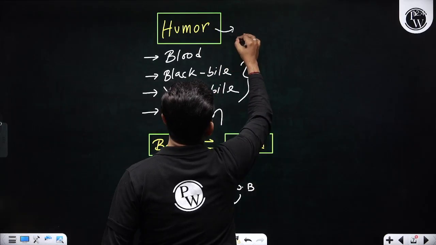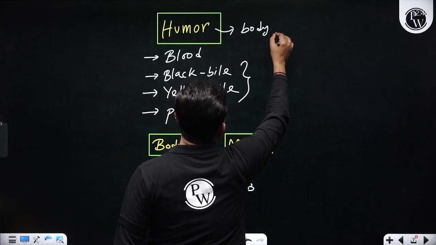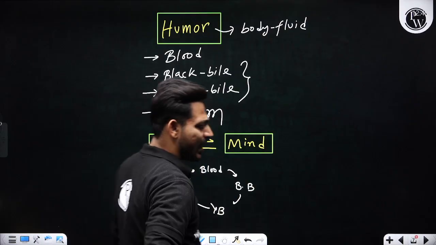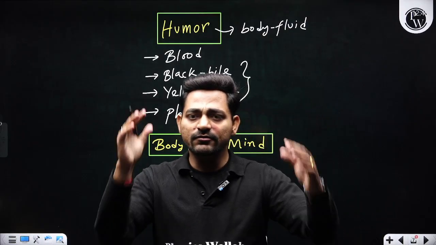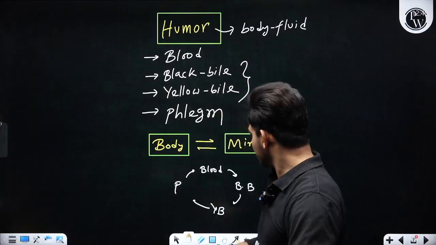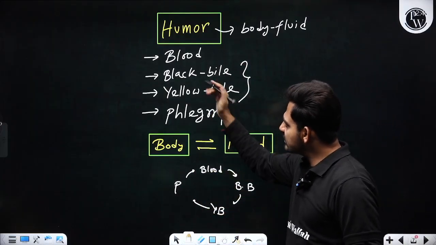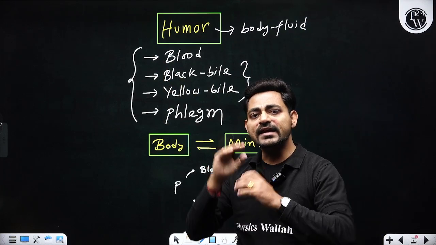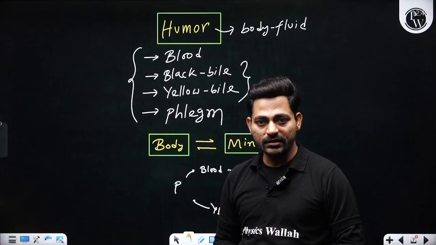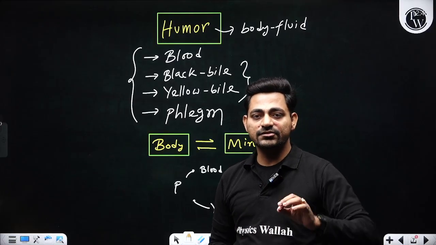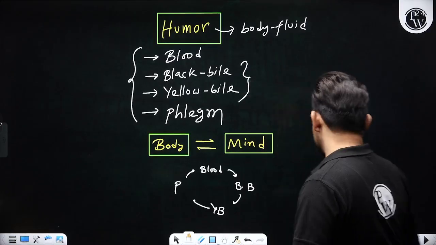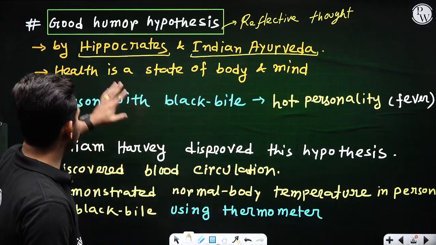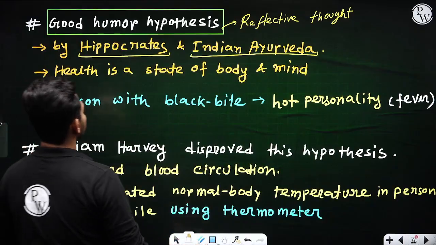Humor means body fluid. If these 4 body fluids are in a balanced mode in your body, then you are healthy. If any one of these humors is present in higher or lower amount in your body, then it must be an indication of a particular disease. That is the good humor hypothesis, given by Hippocrates and Indian Ayurveda.